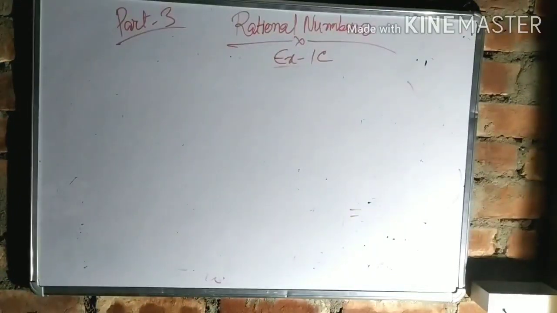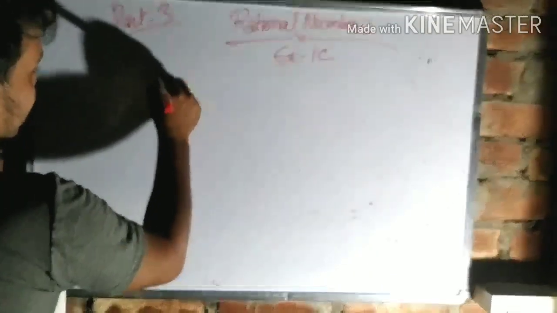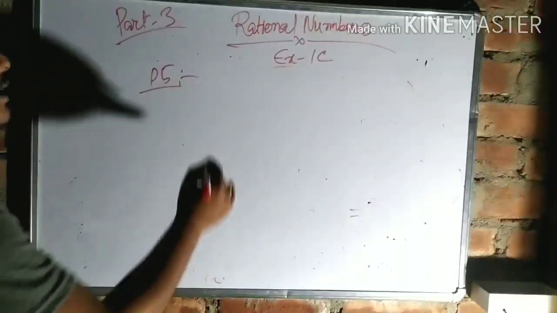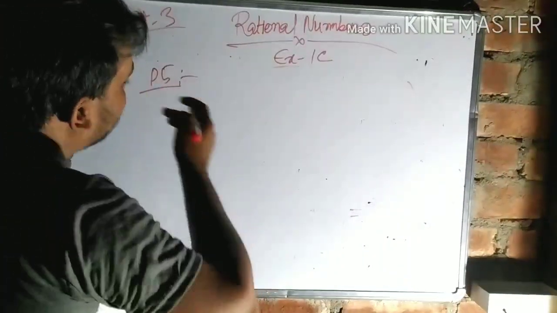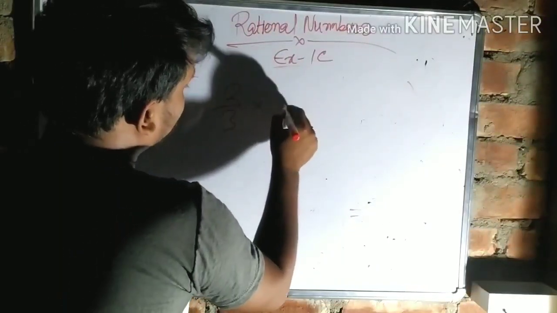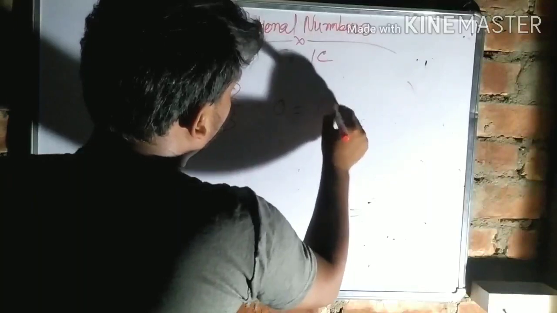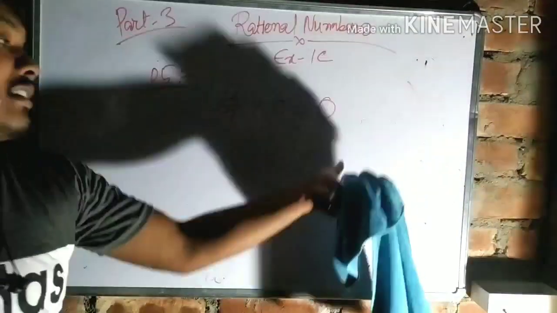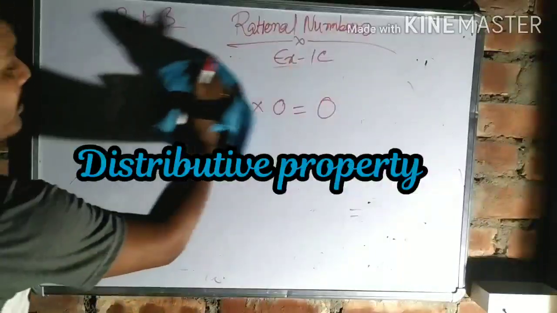If we multiply 0 with any rational number, 2 by 3, what is the result? 0. So if we multiply 0 with any rational number, the answer is 0. This is property number 5.